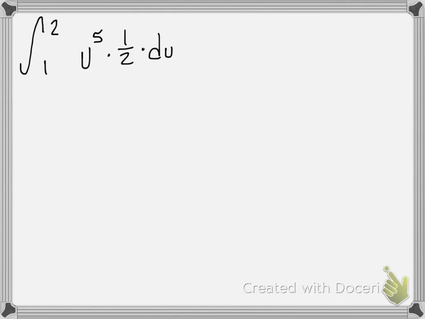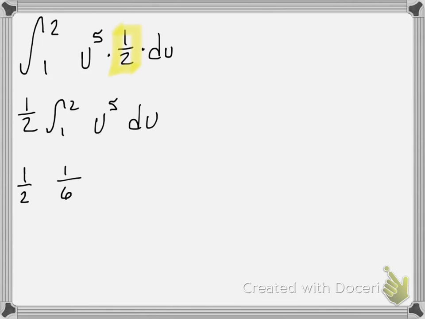Okay, so there's where we left off. As you can see, we have a constant right there, so we can pull that out. U to the 5th du. So now we're ready to actually start taking our antiderivative. Don't lose our 1/2. For the u, it's going to be 1 over n plus 1, which will give us 6, because 5 is n, and n plus 1 is 6.